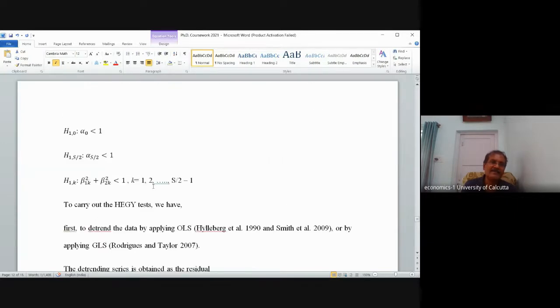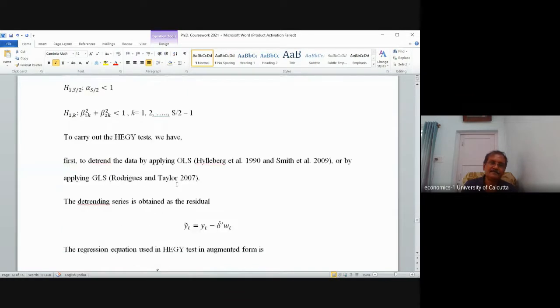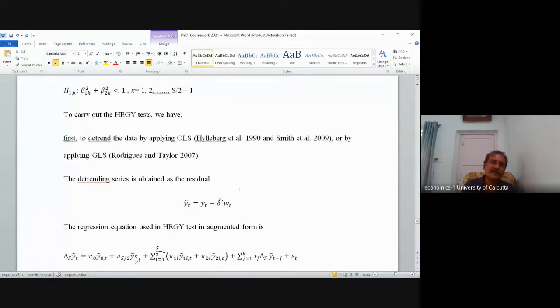And after estimation, you can get the detrended series as this. It is basically the residual. So detrending series is obtained as YT minus delta hat prime WT. So what is delta hat prime WT? It is the estimated part of the deterministic component of the seasonal series.